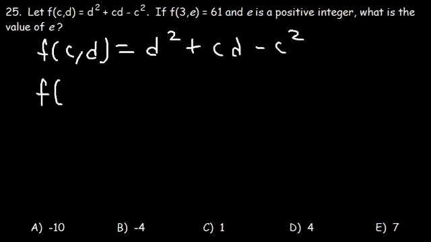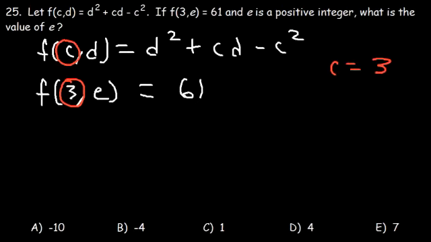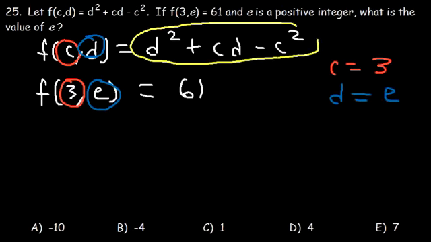And we know that f of 3 comma e is equal to 61. Now notice that c is equivalent to 3. And notice that d is equivalent to e. And also, the right side of the first equation is equal to the right side of the second equation.